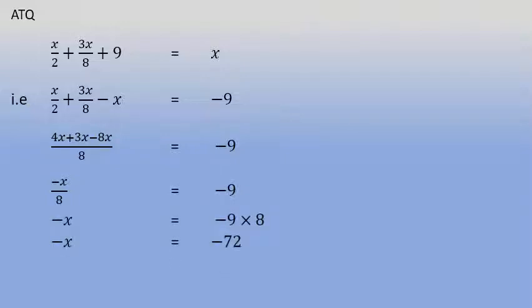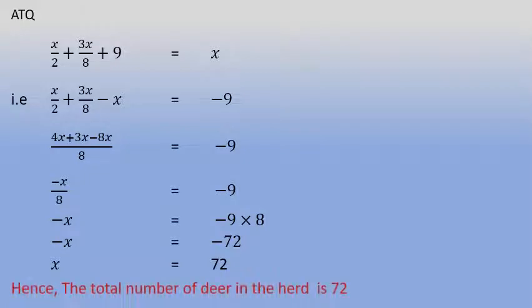That is minus x equal to, while cross multiplying, we get minus 9 into 8 equal to minus 72, or x equal to 72. Therefore, the total number of deer in the herd is 72.